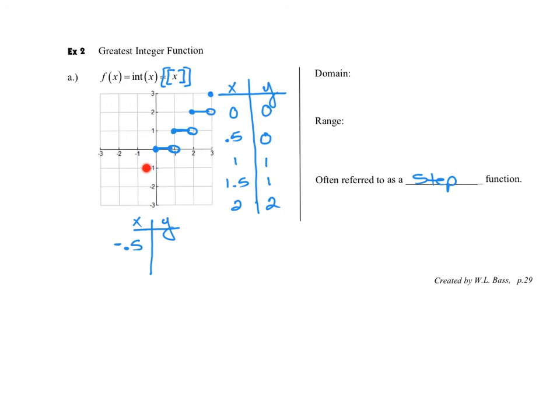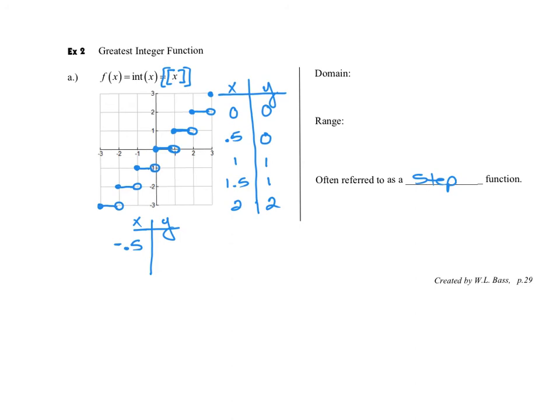It's going to keep it down here at a lower value. So I can imagine these steps going backwards. So this, of course, would have an open circle and it would go backwards. And this would have an open circle and it would go backwards, and so on. So that's going to be our step function.